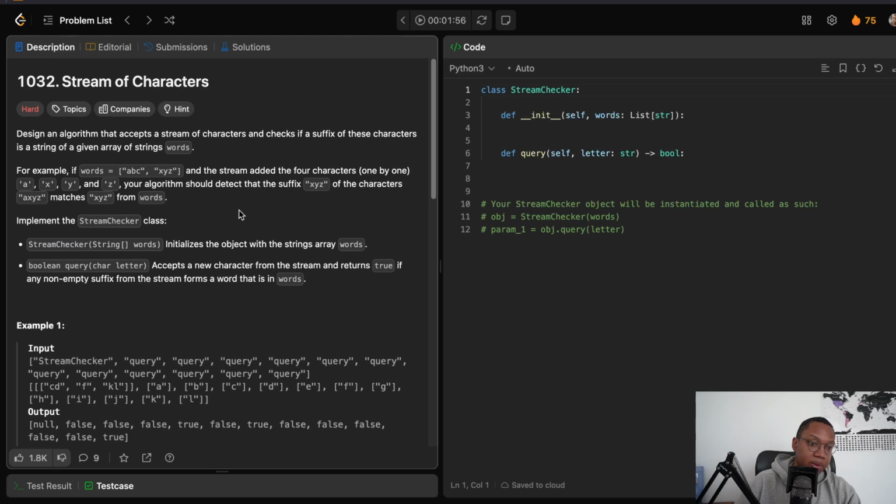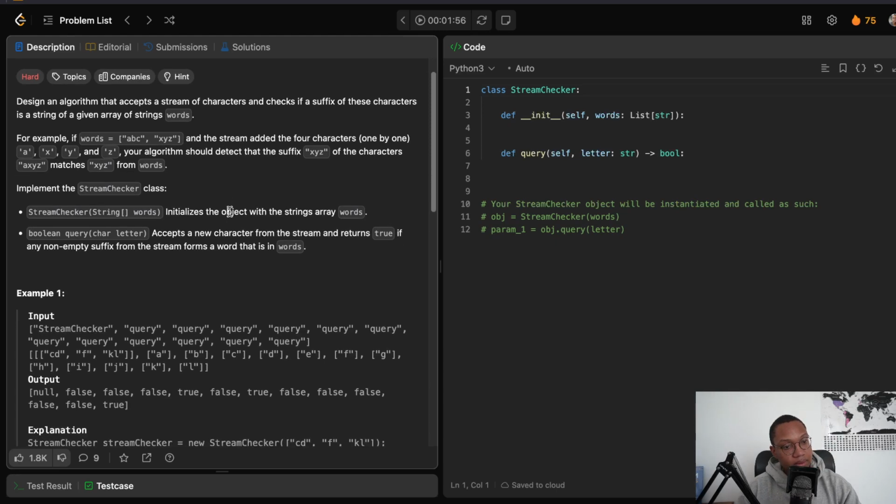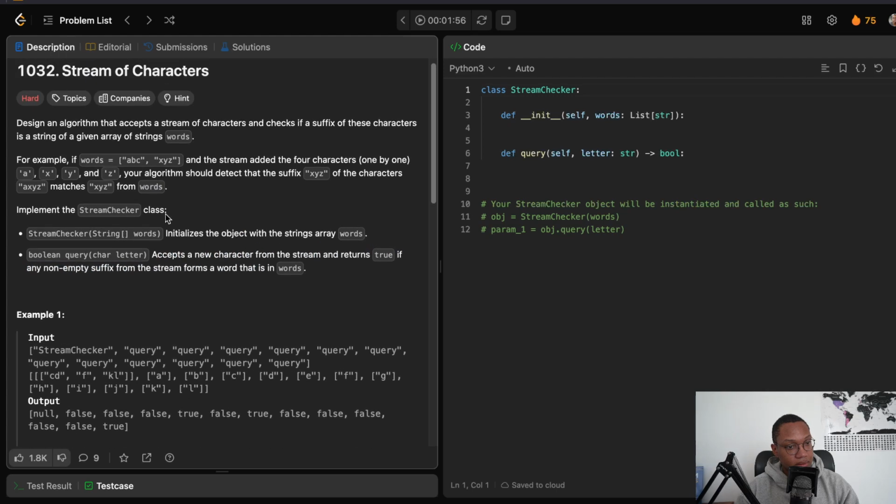And they're added one by one. So then what do we do? Is it a trie and we reverse it?